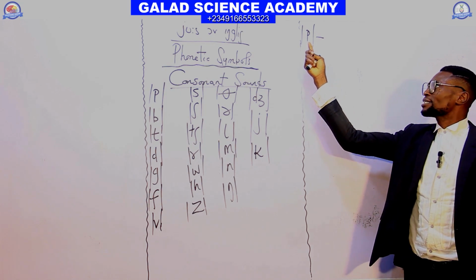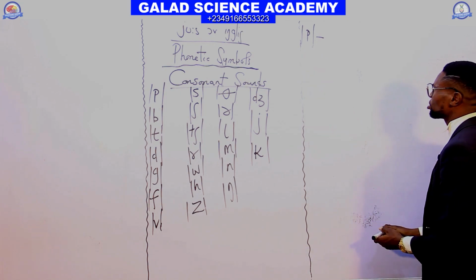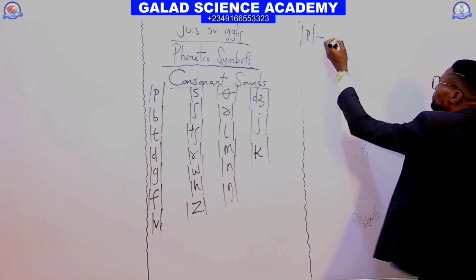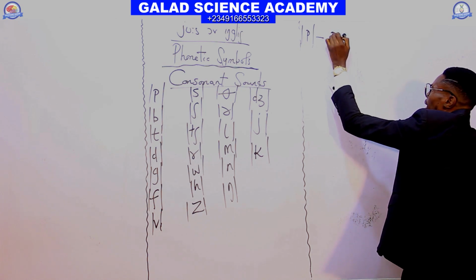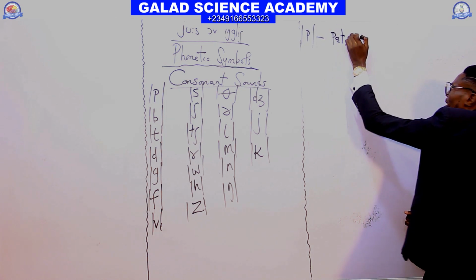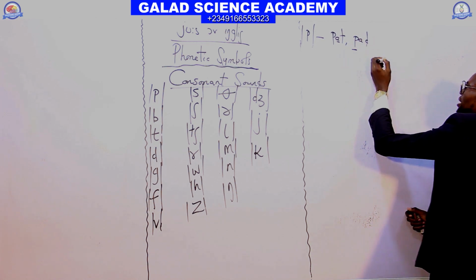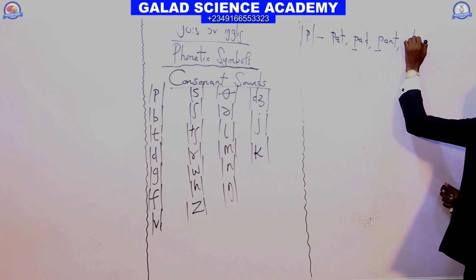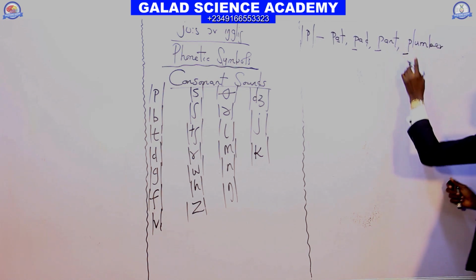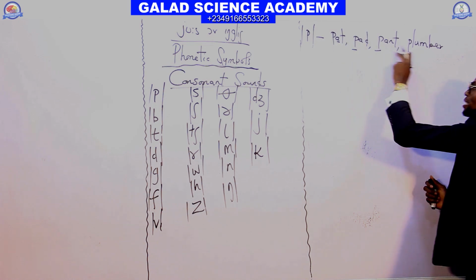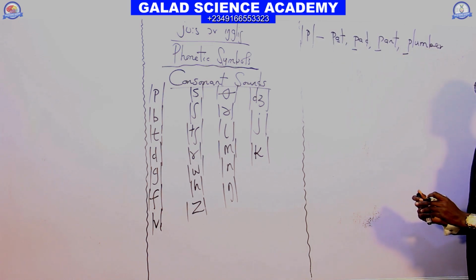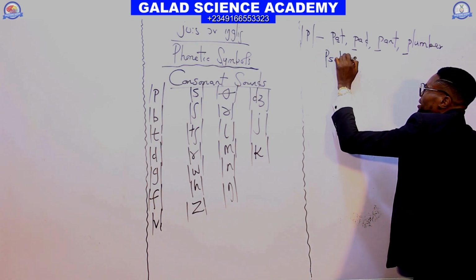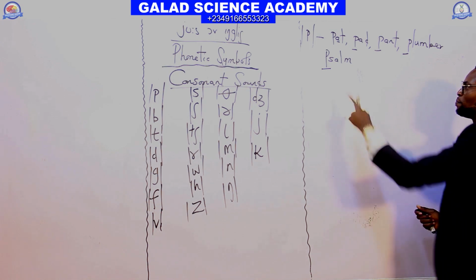Now, this sound, in most cases also, can be voiced and be voiceless. When it is voiced, like pat, like pad, like pants, like plumber, these are voiced sounds. But it can also be voiceless, by saying psalms. What is happening to this sound?